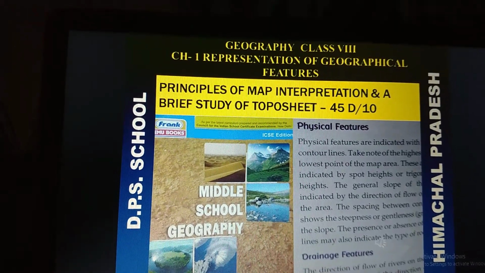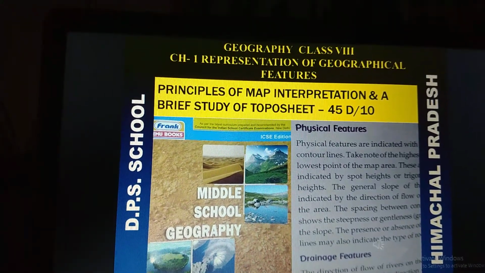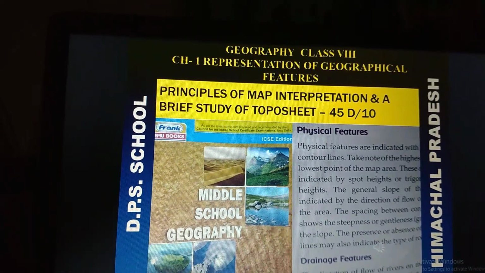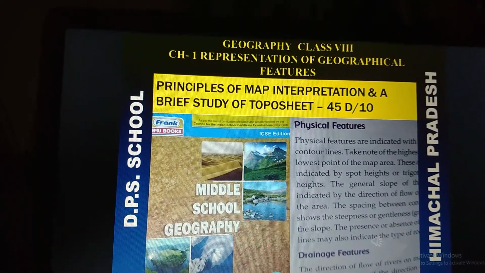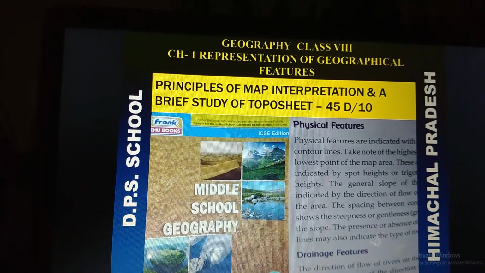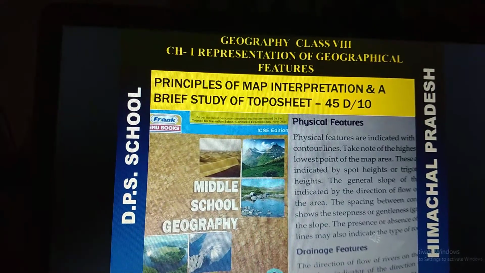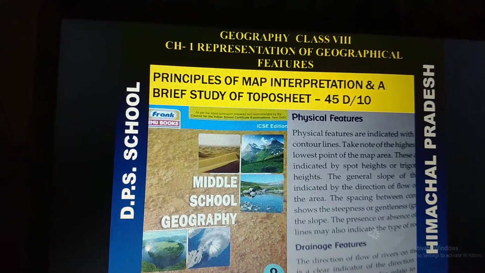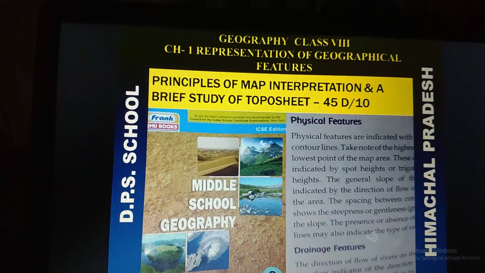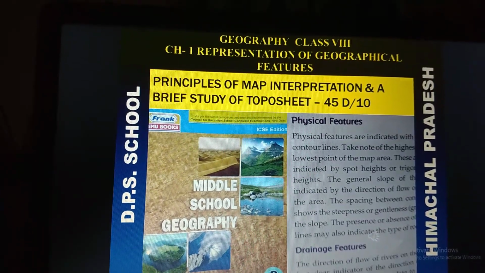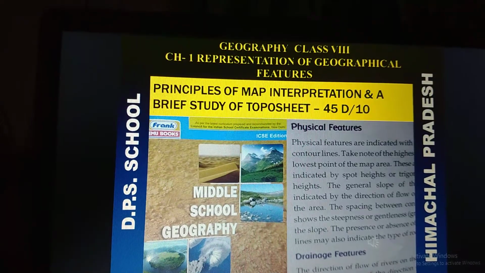Then we see the drainage features. Now, what do you mean by drainage features? The direction of flow of rivers on these maps is very clear. The indicators are very clear of the directions of different types of slopes. For example, the waterfalls and rapids also relate to the slope of the land and the streams.